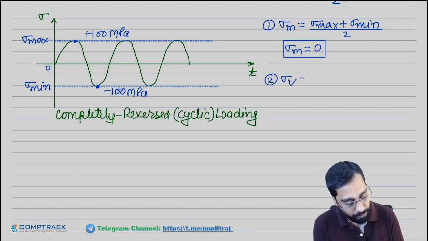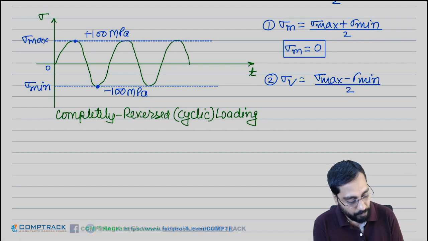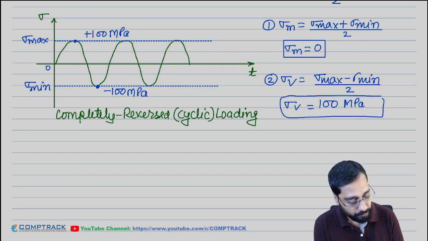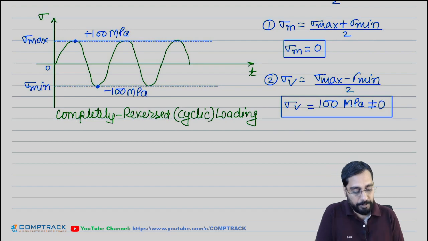And the amplitude or variable stress, sigma, is maximum minus minimum by 2. So 100 minus of minus 100, 200, so it will become 100. So it is non-zero.